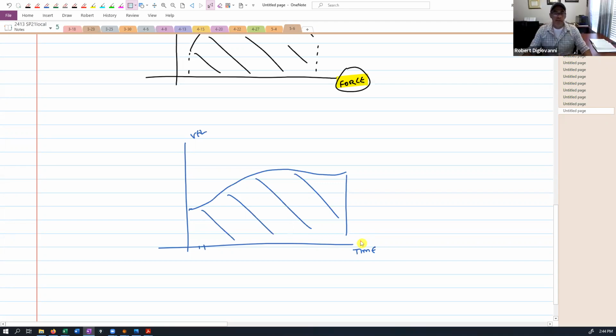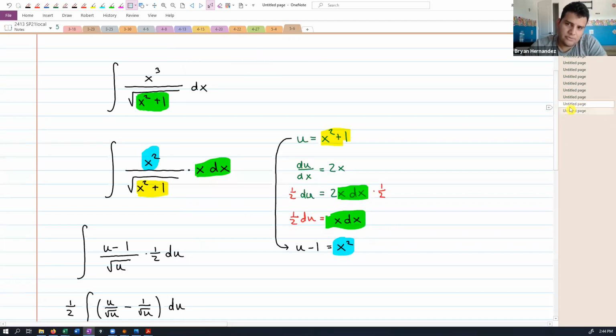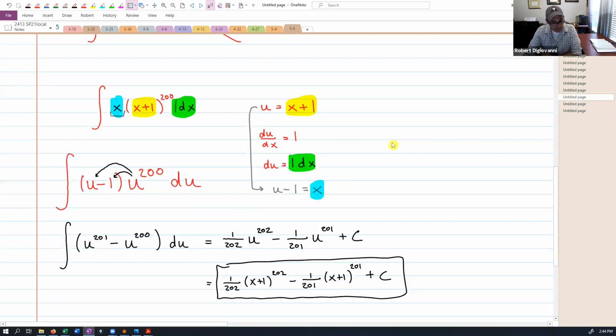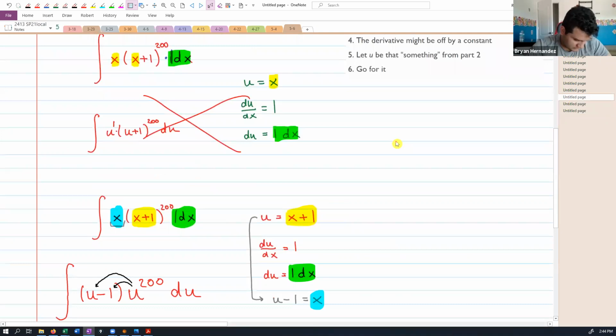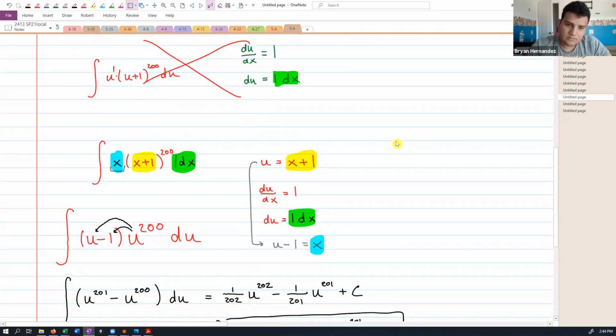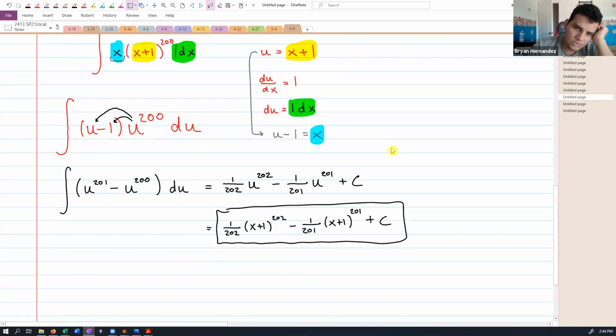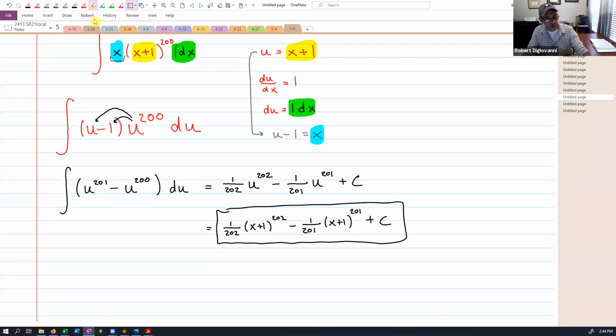All right. Anything else? I had a question on the example where you put u to the 200th power. Can you go over how you got 1 over 202 times u to the 202? Oh, that's the power rule.